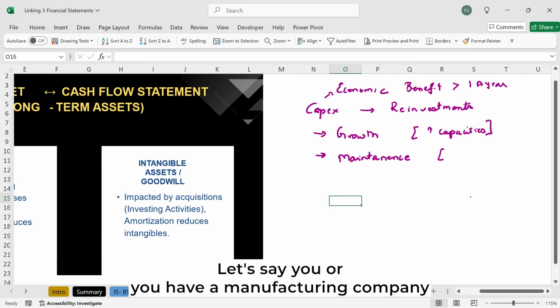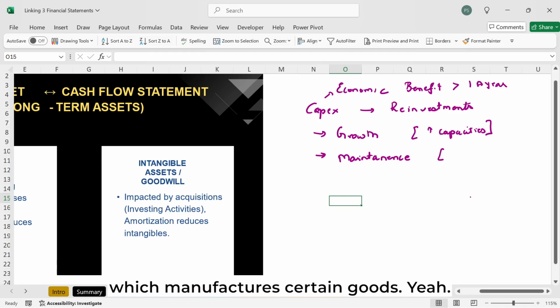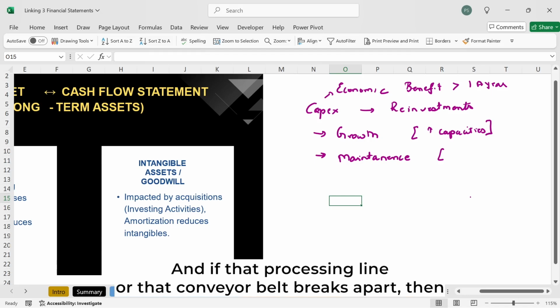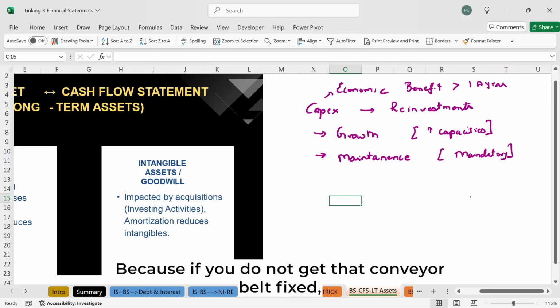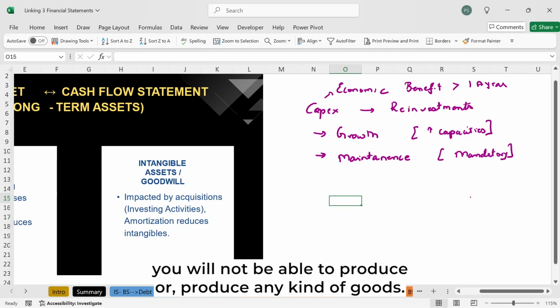Let's say you have a manufacturing company which manufactures certain goods. And if that processing line or that conveyor belt breaks apart, then it will be a very challenging situation for the company. Why? Because if you do not get that conveyor belt fixed, you will not be able to produce any kind of finished goods.